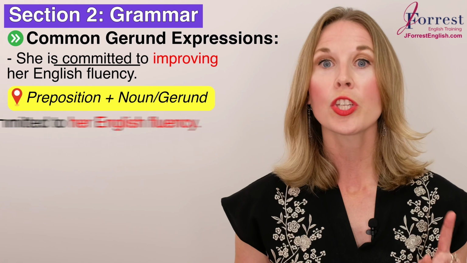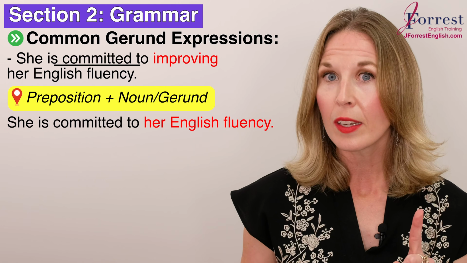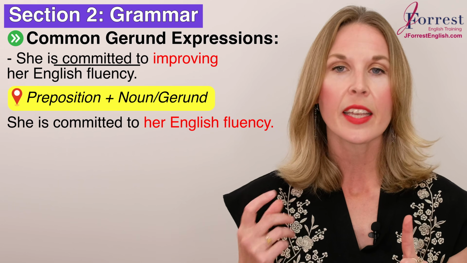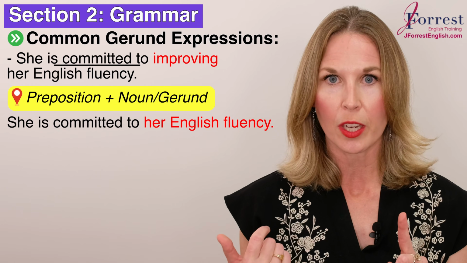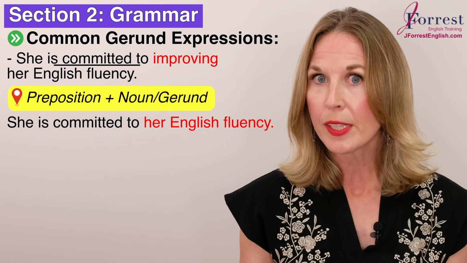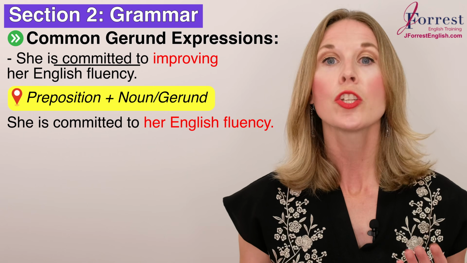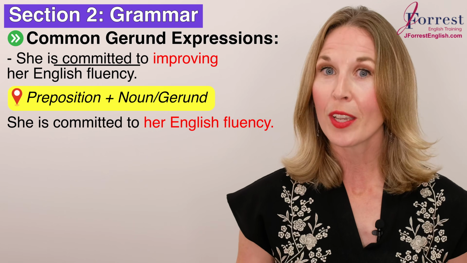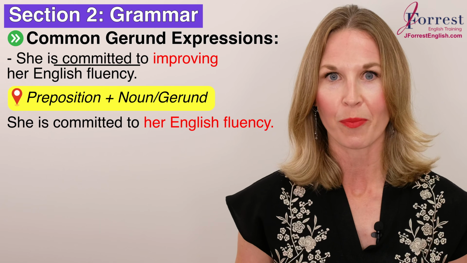For example, she is committed to, I just need a noun, a something instead of a verb and ing. Well, the something could be her English fluency. So I can simply say she is committed to her English fluency. So you can use a noun or a gerund.